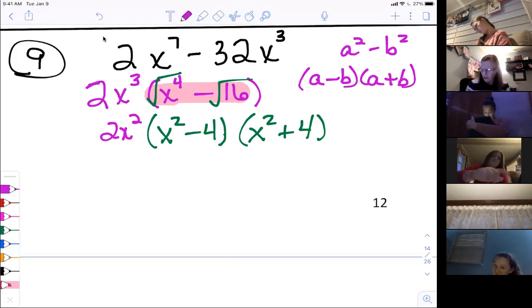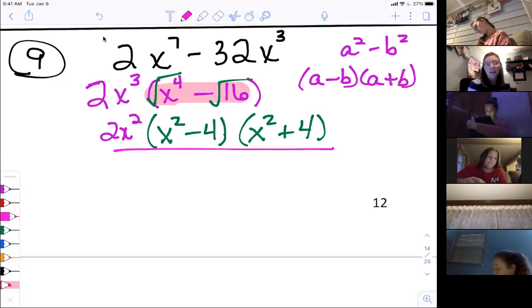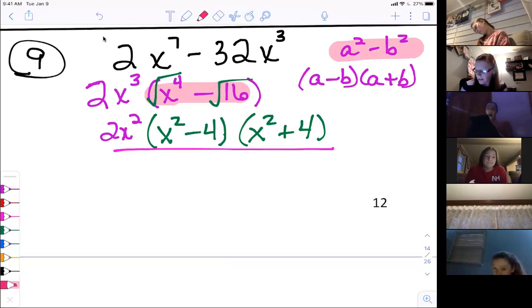But then you have to keep checking. So you need to keep asking yourself, is this completely factored? So if I look at my new step, inside those 2 parentheses, there still says an x squared. And anytime it has an x squared, that's when you need to check it. Can it be factored any further, or is it prime? Well, if I'm looking at this pattern, a squared minus b squared, I see I have that pattern again right here.